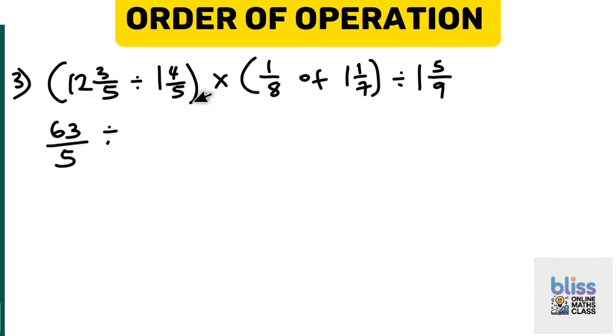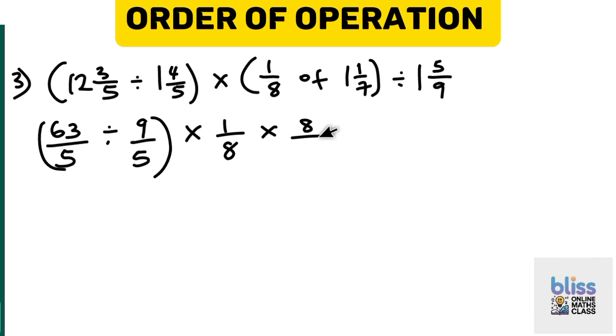Divide by 5 times 1 is 5 plus 4 is 9 over 5. Times 1 over 8. We change this to multiplication. Convert this to an improper fraction. 7 times 1 is 7 plus 1 is 8 over 7.